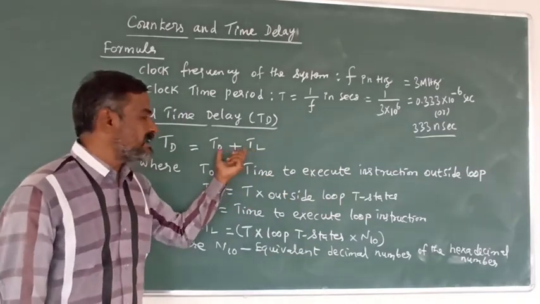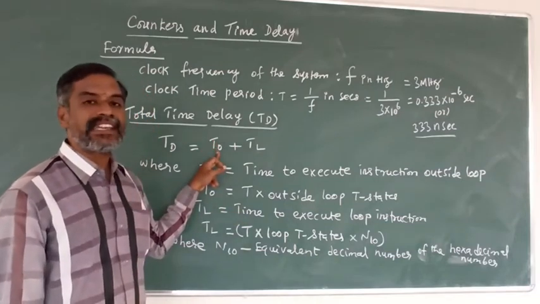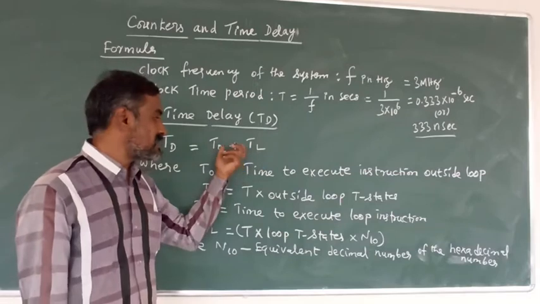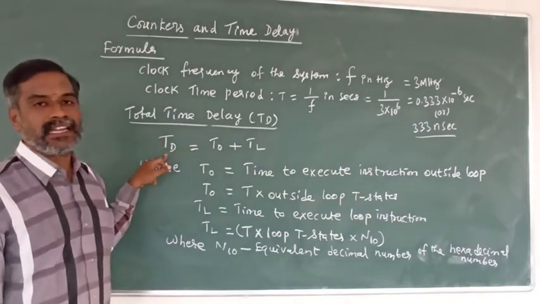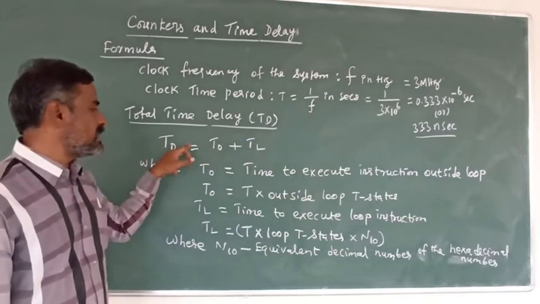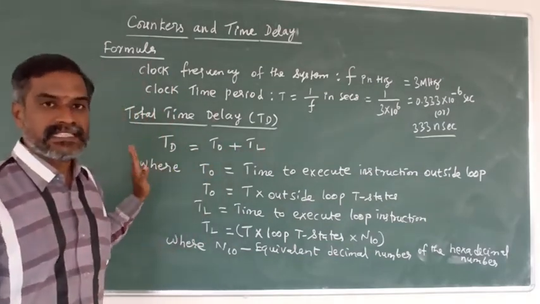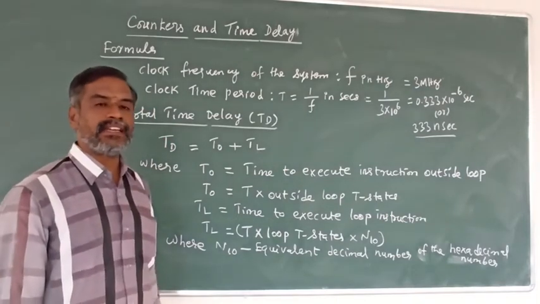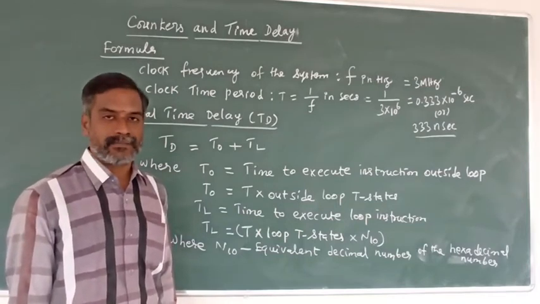Now add these two, the outside loop T states and inside loop T states, and the sum of these two gives the total time delay. The total time delay equals TO plus TL. This is the formula to calculate the total time delay using a register or register pair.